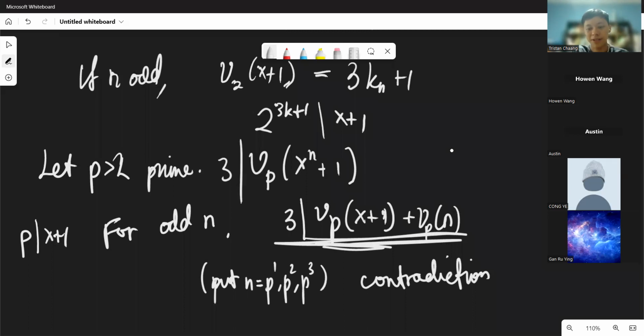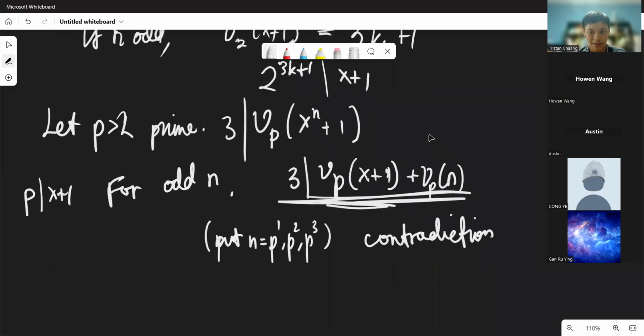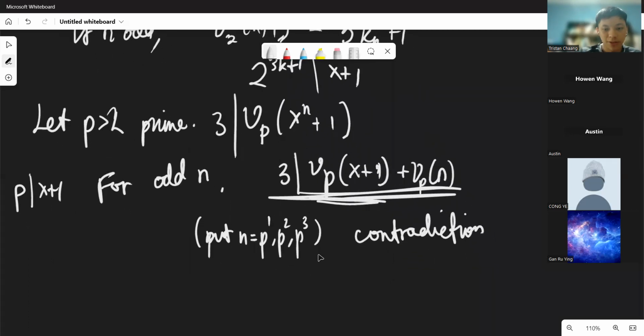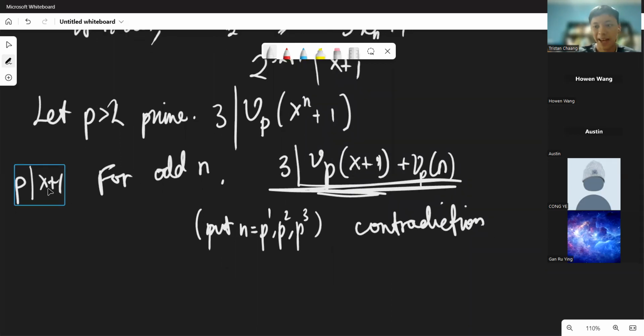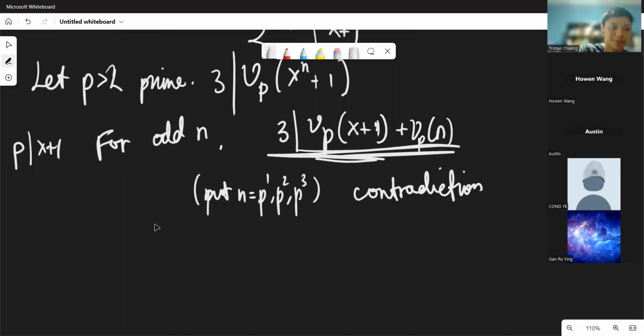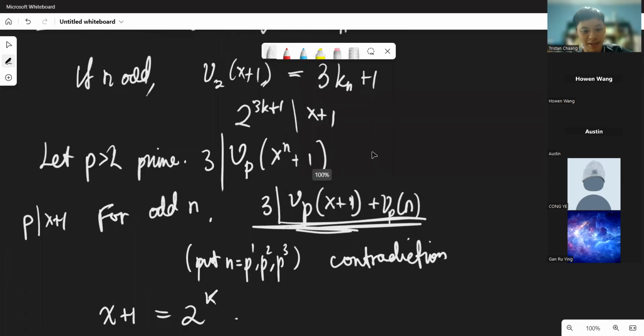One of these three will already ensure that this relation doesn't hold anymore. Right? So that means x plus 1 cannot have an odd prime factor. If it does, then we just look at that prime factor. So that means x plus 1 is just a power of 2. So again, we eliminated quite a lot of things.